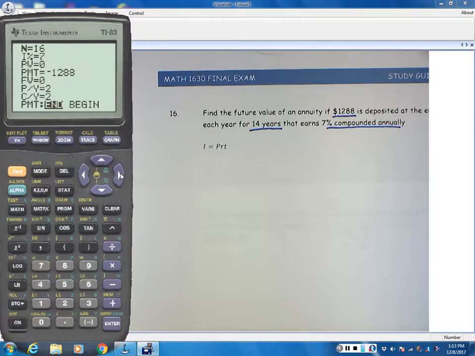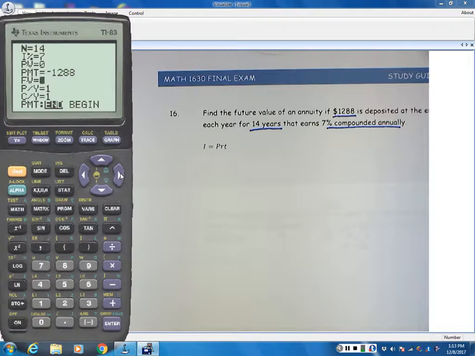Interest rate is 7%. And it's compounded annually, and you're paying at the end of each year for 14 years, so N is going to be 14. I'm sorry, I don't know why I said 7. Thank you. And then your payments per year are once a year and compounded once a year because it's compounded annually.